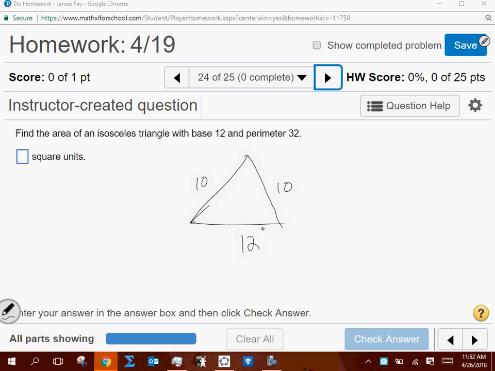So you can use any one of these. If we're going to use 1/2 BH, you can use either one of those as your B, right? Which one do you think makes the most sense to use as B? 12. So now H would be from the opposite vertex straight down, perpendicular. What do I do in order to find that H?